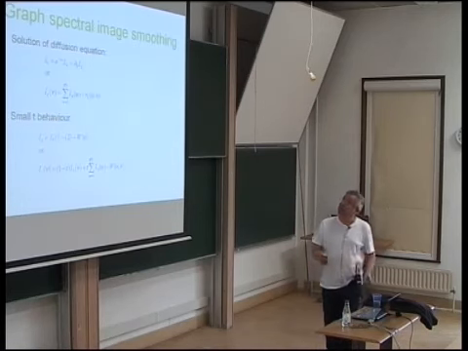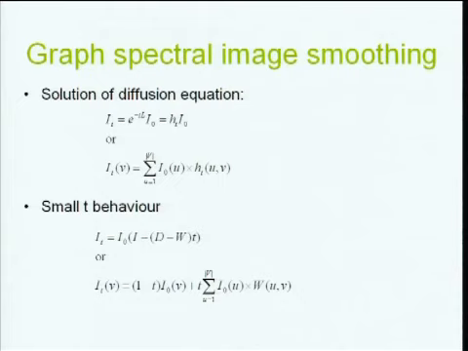So this is the solution that we get: the pixel grayscale values at time t are just given by e to the minus t times L times their initial values, or the heat kernel times the initial values.